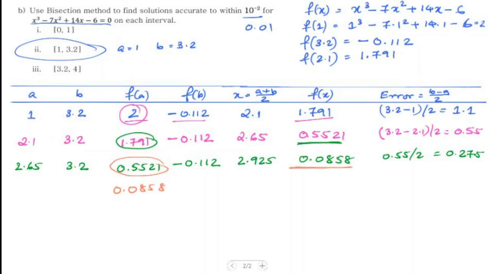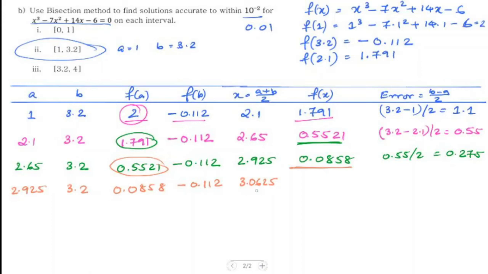Now the rest remains as it is, except because the f of a is replaced by f of x, so a will be replaced with the value of x, which is 2.925. And here it will be same 3.2, and x will be 2.925 plus 3.2 divided by 2, and that is 3.0625.